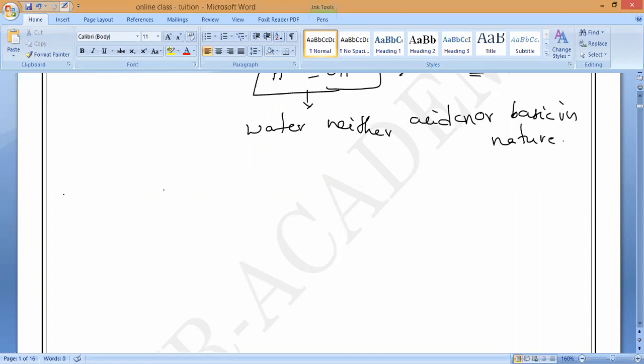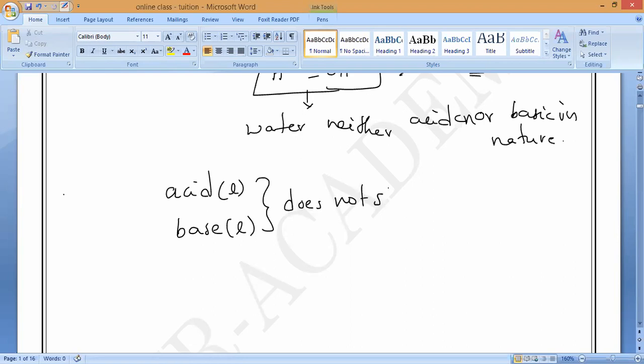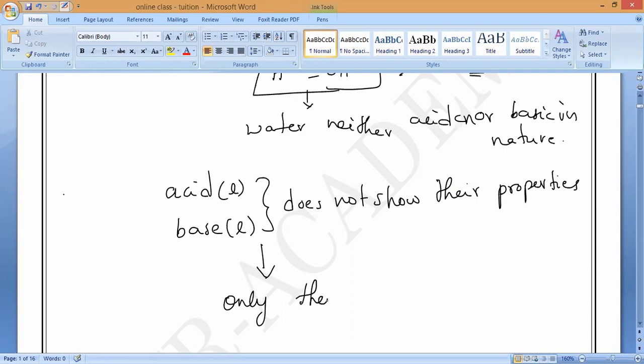Always remember, if you take pure acid, it is in liquid state. If you take a base, it is also in liquid state. When they are in liquid state, they do not show their chemical properties. They show the properties only when dissolved in water.